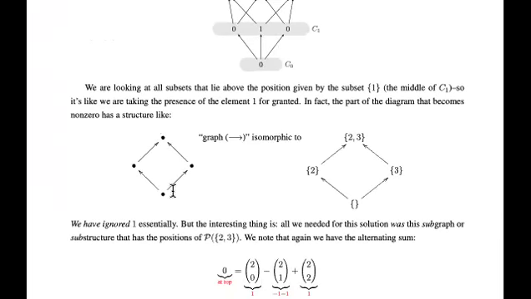All right, so this is graph isomorphic to, has the same structure in a poset as, this Hasse diagram. Well, we have a Hasse diagram version of the poset of this power set on just 2 elements.